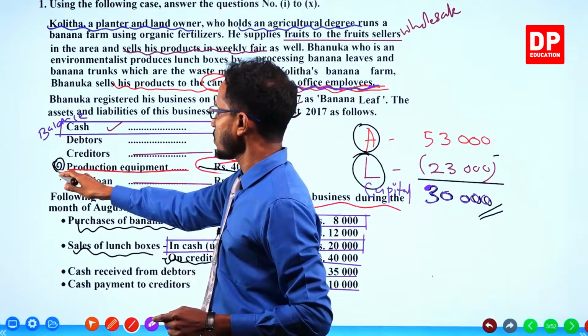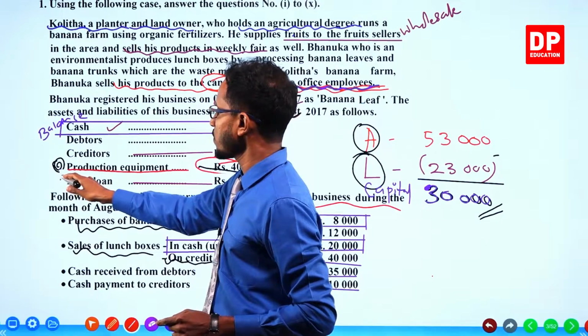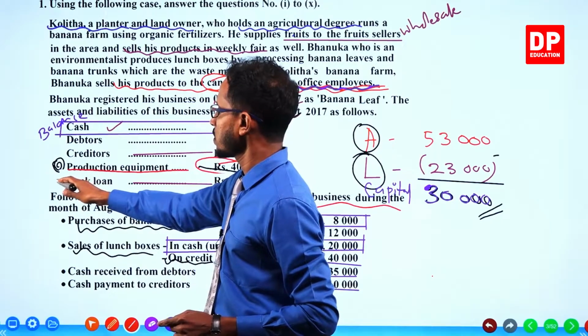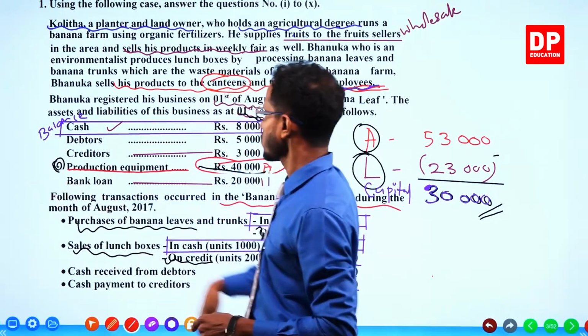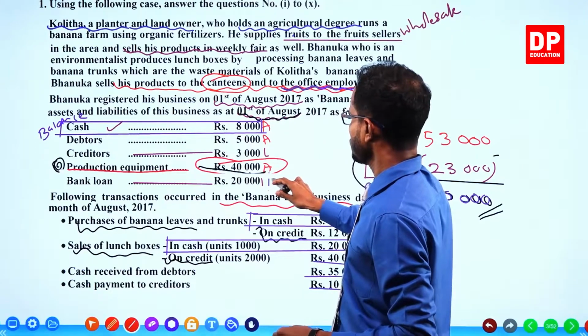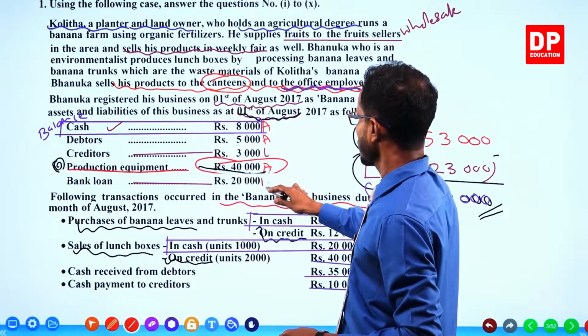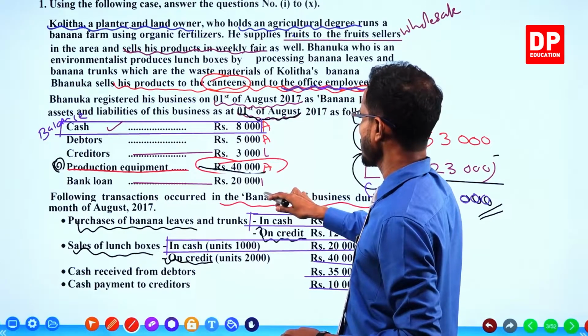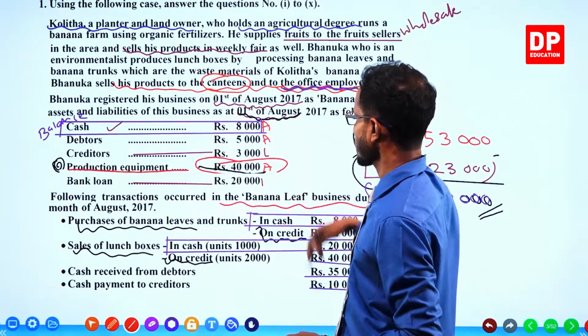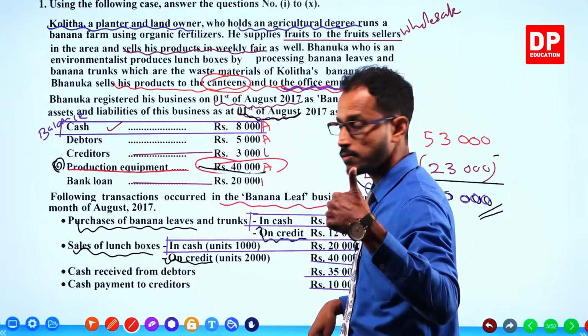These are the places that you have to be very, very careful. So bank loan is not going to go to the cash book. It's a liability. Done.